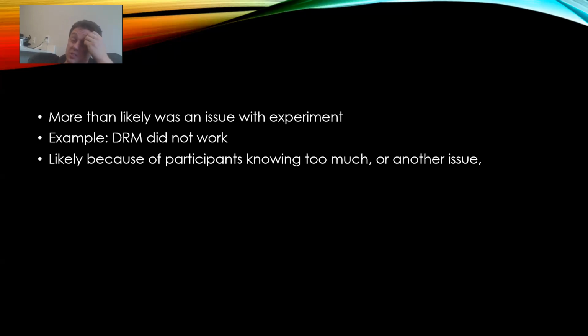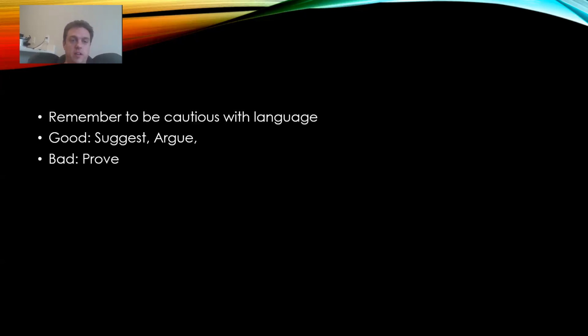More than likely, if it didn't work, this was an issue with something else. Maybe participants were too suspicious, having done it before. Maybe there was something wrong with the materials you used. Lots of different things, right? Not the case that the original was false, because dozens and dozens of studies have repeatedly shown the DRM to work, right? So just bear that in mind.